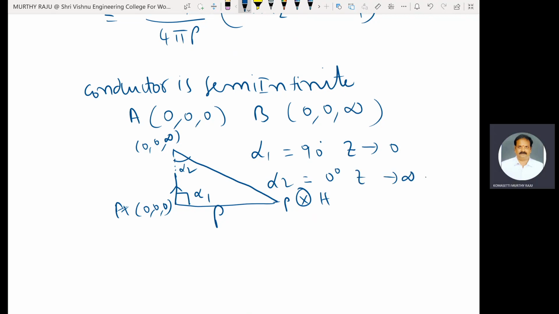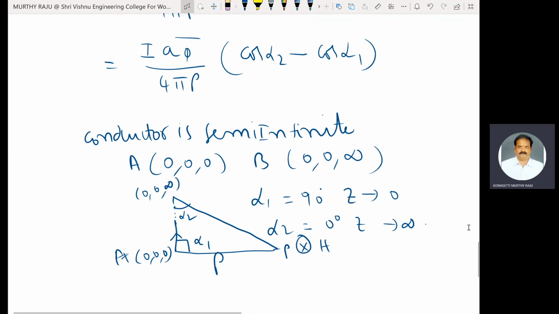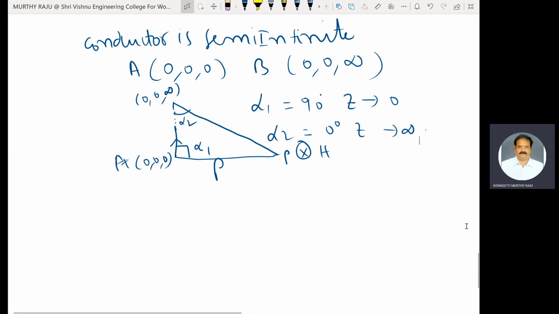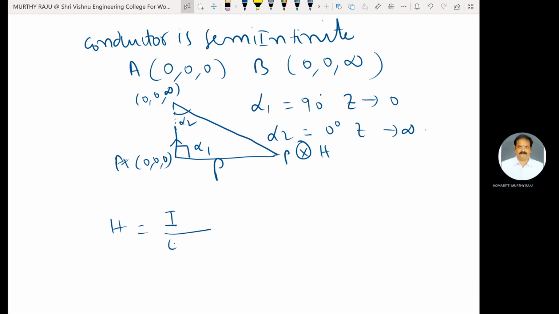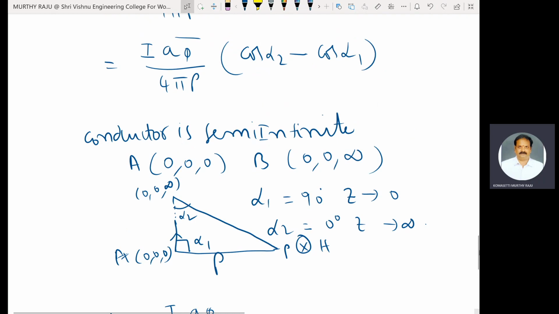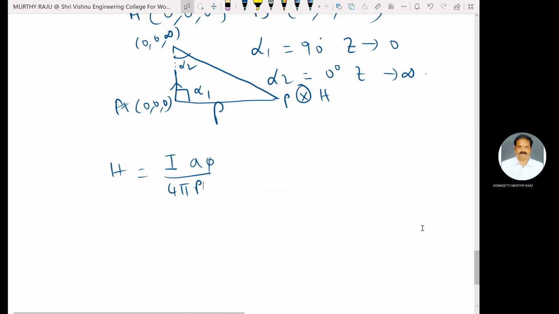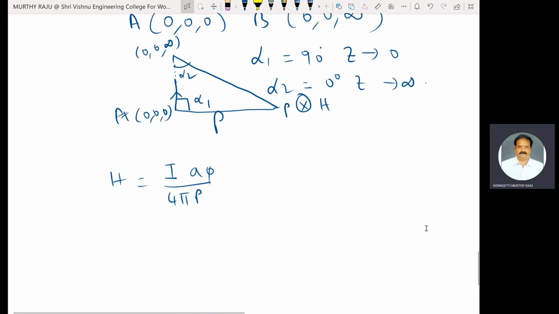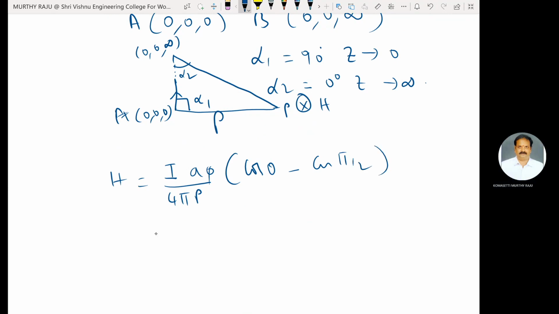Substituting these angles for the semi-infinite conductor, H is equal to I by 4 pi rho a phi times cos alpha 2, with alpha 2 equal to 0 degrees, minus cos pi by 2.